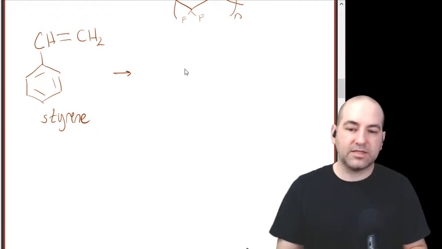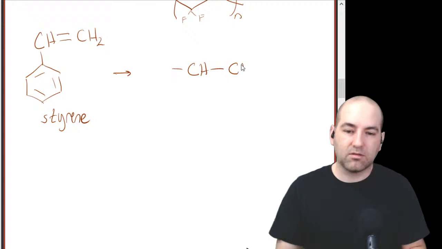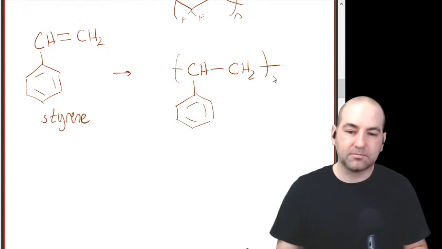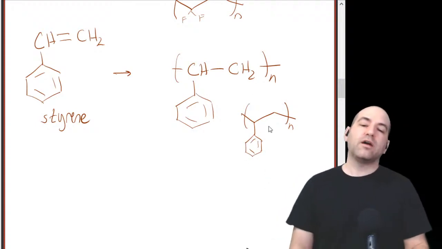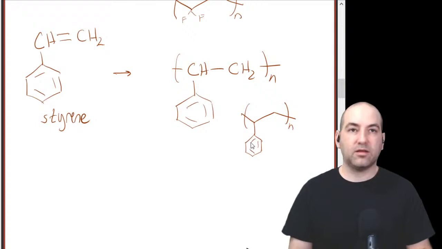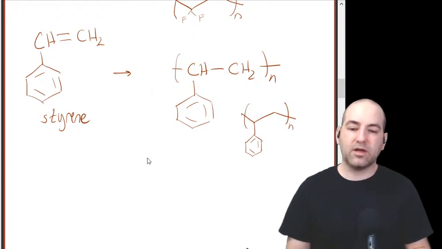And then if we polymerize that, we have polystyrene, which we can also draw in a line structure like this. Right? So now instead of just a carbon hanging off there like in polypropylene, we have this whole benzene ring coming off here.